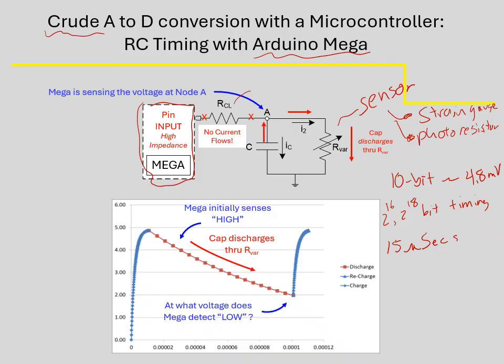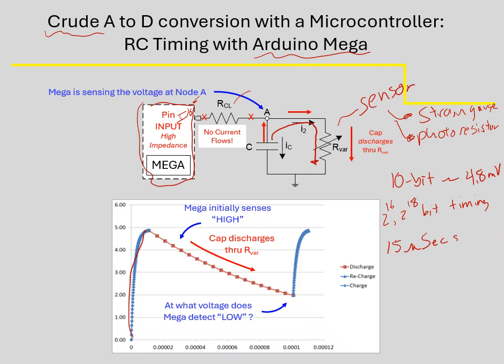Basically, what you do is you charge up the capacitor from the output pin. This is an I/O pin on your microcontroller. You charge up the capacitor, then you set this pin to input mode so that current doesn't flow into the microcontroller. Then you allow the charge in the capacitor to discharge out through this photoresistor.